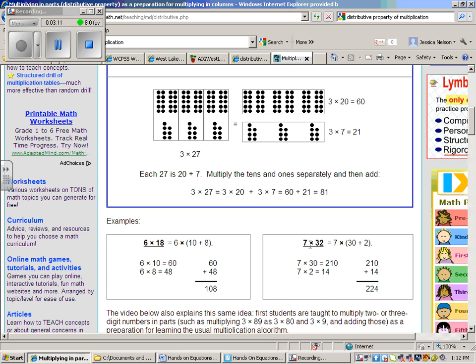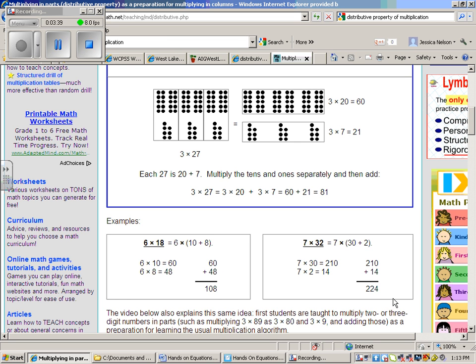Here's another example over here. 7 times 32 equals 7 times 30 plus 2. Distribute the 7 over the parentheses. 7 times 30 is 210. 7 times 2 is 14, and you can add 210 plus 14 equals 224.